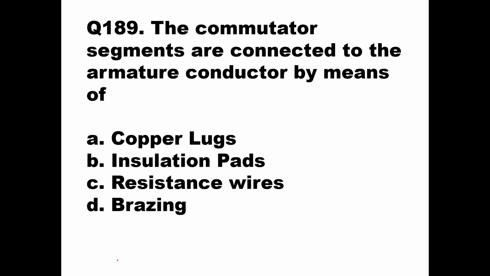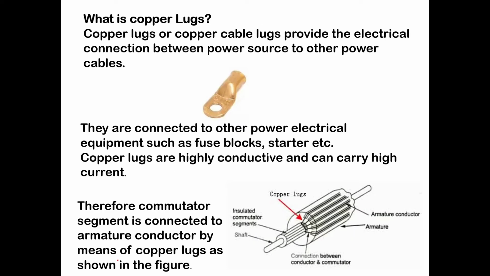Question number 189. The commutator segments are connected to the armature conductor by means of what? Copper lugs, insulation pads, resistant wires, or bracing. So it is option A, copper lugs. Now, copper cable lugs provide the electrical connection between the power source and other cables.